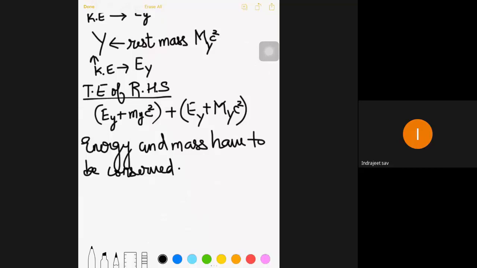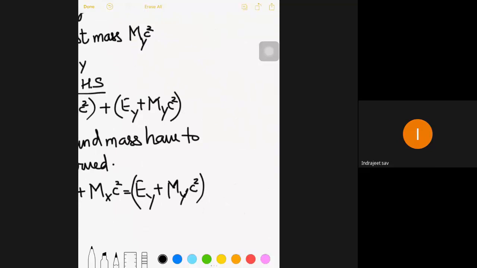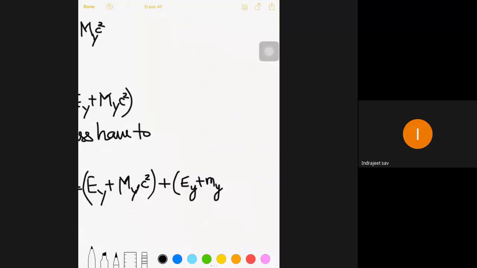So that could be written as the total energy of the projectile plus the rest mass energy of the target nucleus has to be equal to the kinetic energy of the residual nucleus plus its rest mass energy, plus the kinetic energy and rest mass energy of your ejectile.